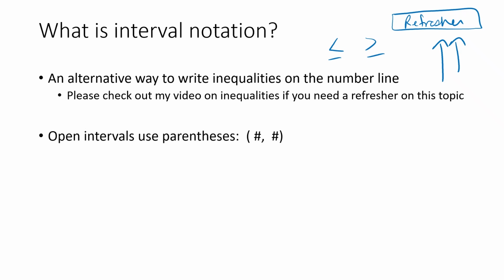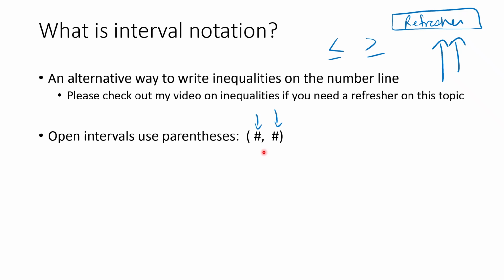Now, interval notation will cover open intervals. And again, that's where the refresher video might be helpful if you're wondering what an open interval is. You use parentheses, and then this right here, depending on how old you are, for someone my age, is called the pound sign. For younger people, this is a hashtag.